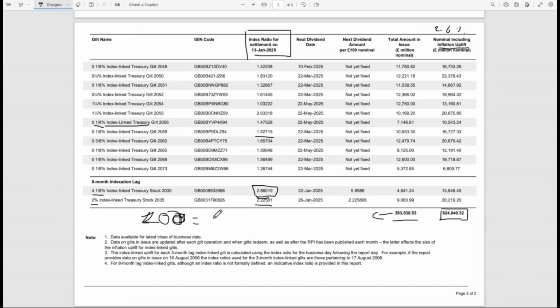So for 100 quid, the cost, including servicing the index linked treasury gilt, is £260 or £222. So it has more than doubled. And you see here, this has bloated in an amount which is unconscionable.